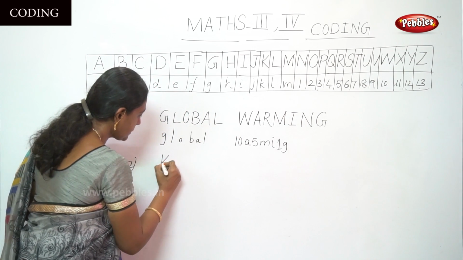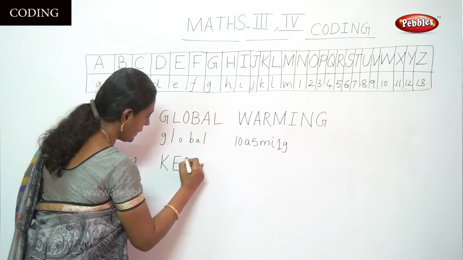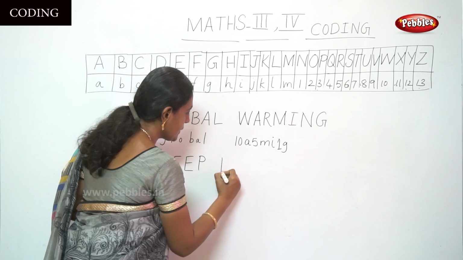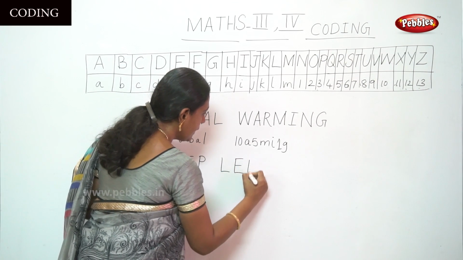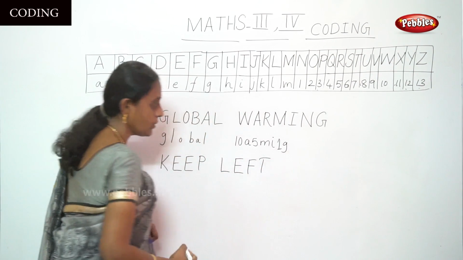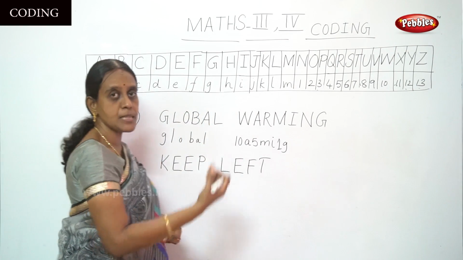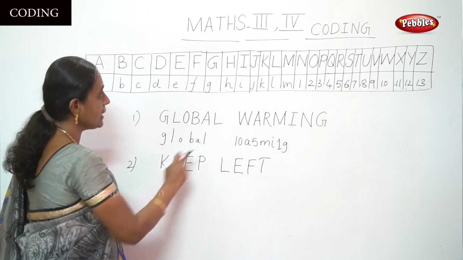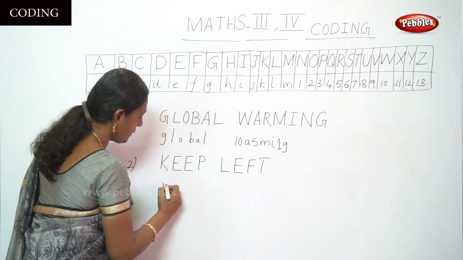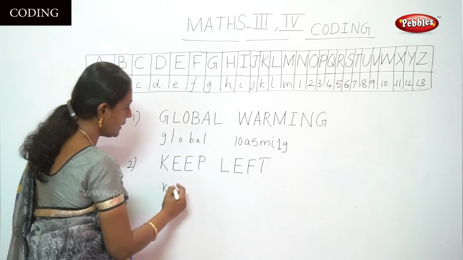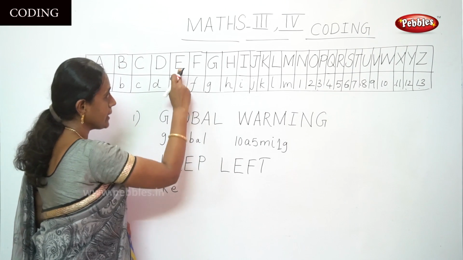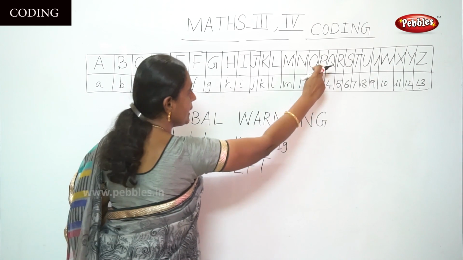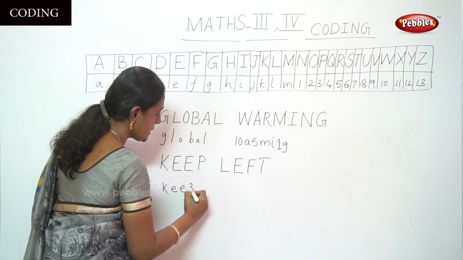K, E, E, P, and left, L, E, F, T. We are going to take the alphabets and numbers from the table column. For K, small k, and for E, small e, and again for E small e. And for P, the number 3.